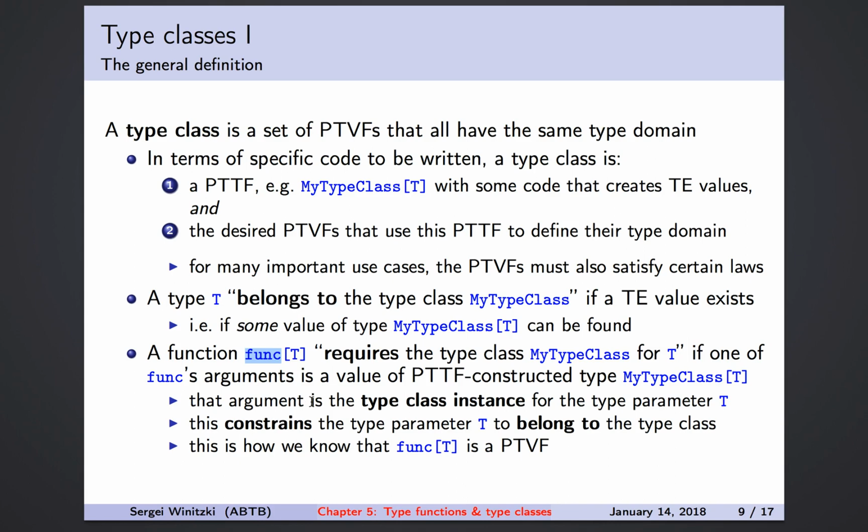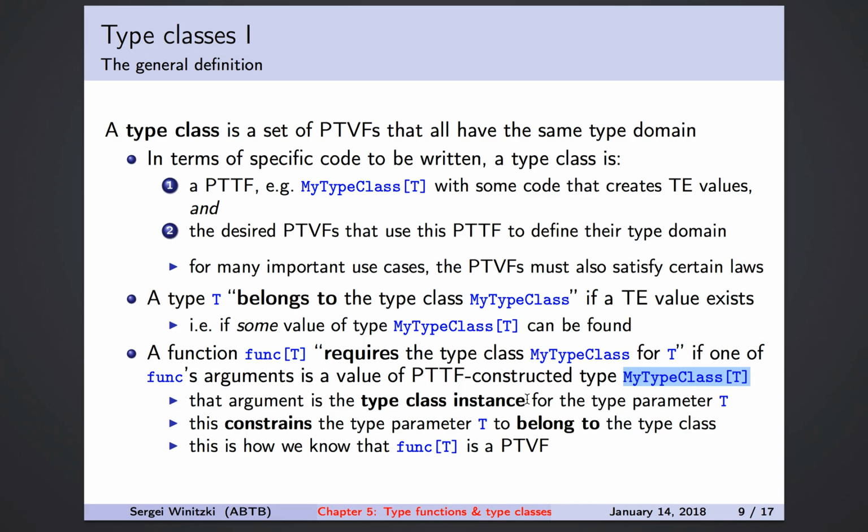Now, another important terminology is that the evidence value, the type evidence value, which is this extra argument of this type, that value itself is called not only type evidence, it's also called the type class instance.